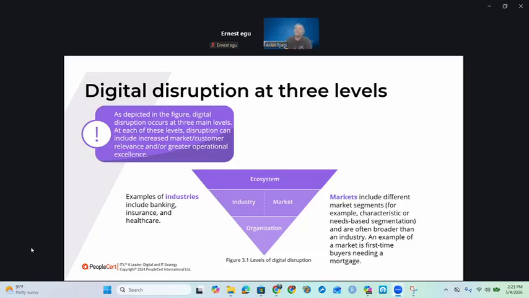Whereas when it comes to industry, with the use of online banking platforms, most of the banks were affected, or had to adopt that technology. So that is one industry. Markets are usually broader because a technology can be implemented across different industries or markets. And then organizational level disruption.